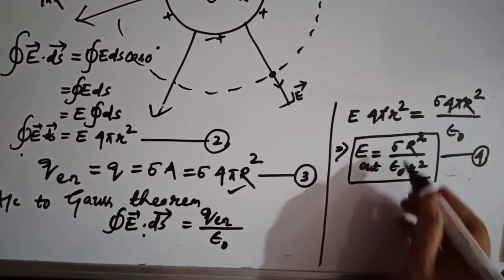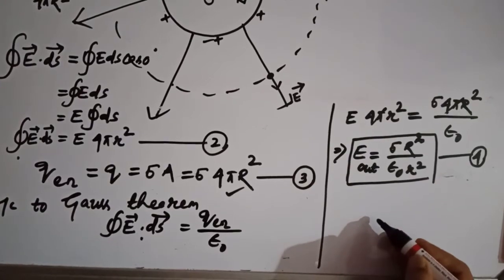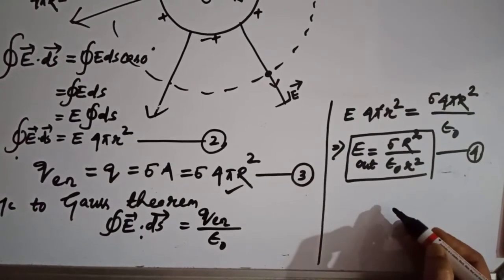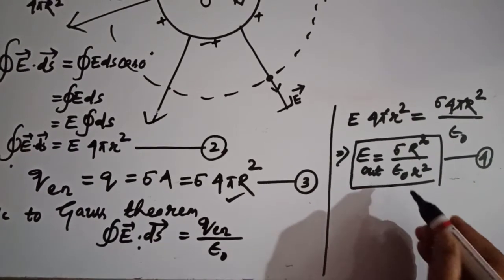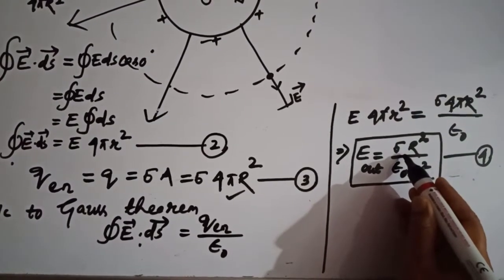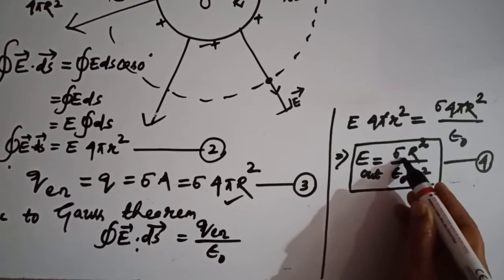If the value of sigma is put here, then you will get an expression in terms of Q also. Now putting the value of sigma from equation 1, sigma is the surface charge density.